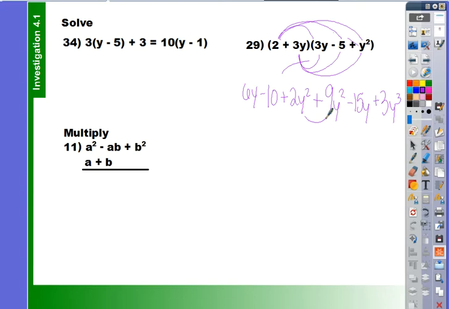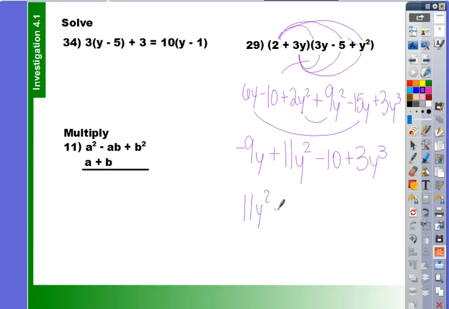So these two are the same, and these two have the same variable, and so that's positive 6y plus -15y equals negative 9y, and then 2y squared plus 9y squared equals positive 11y squared, and then that gives you minus 10 and 3y cubed, and then you can rearrange it. So this is your answer.